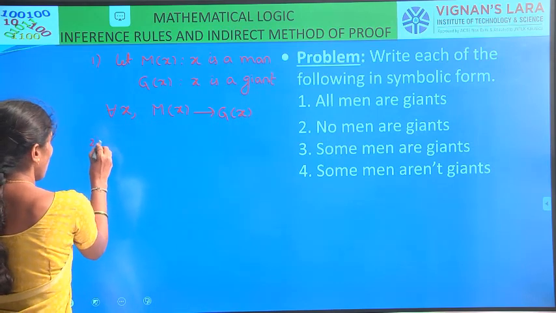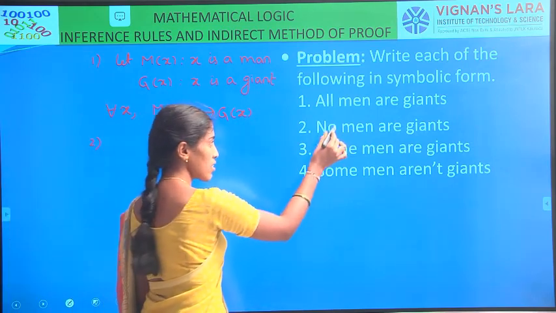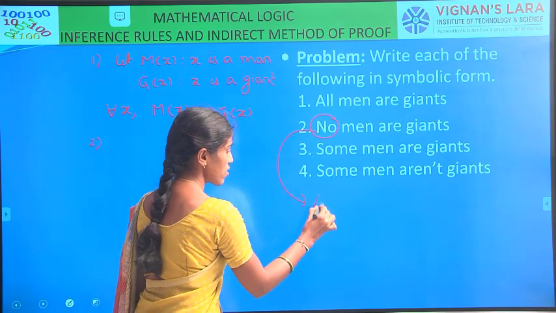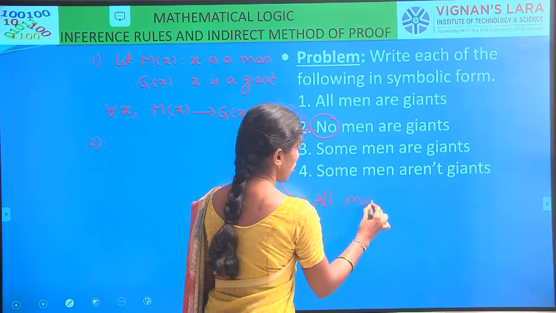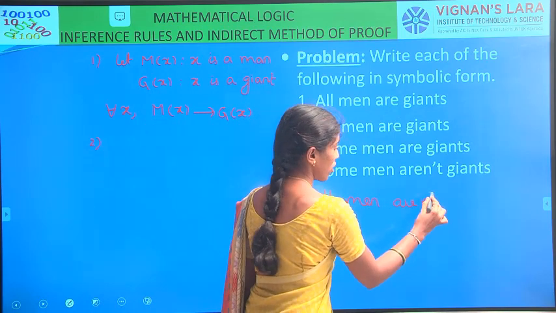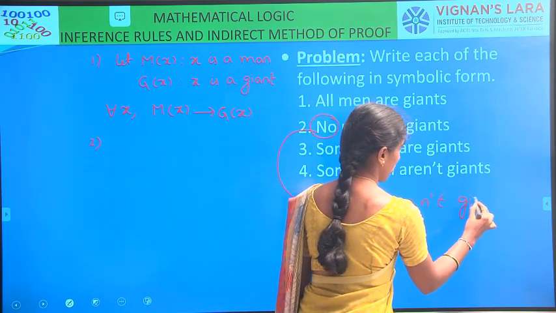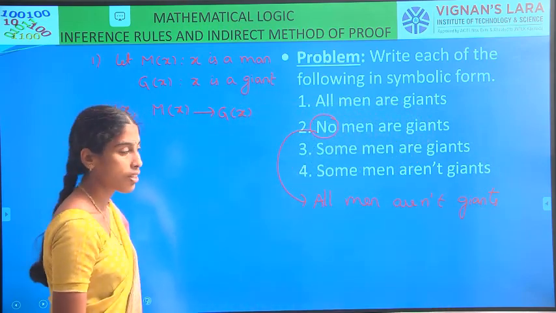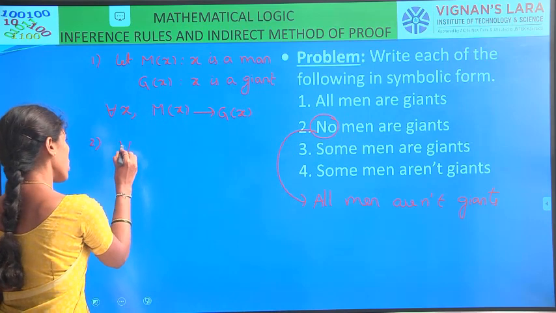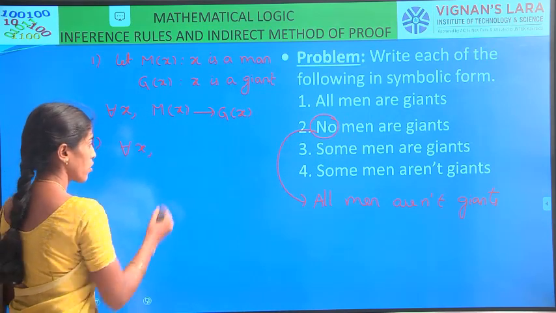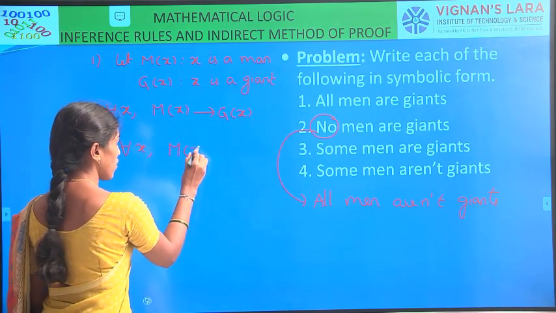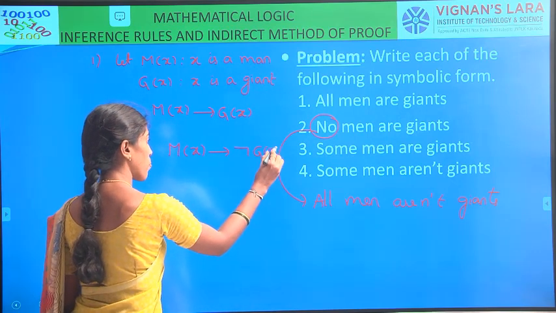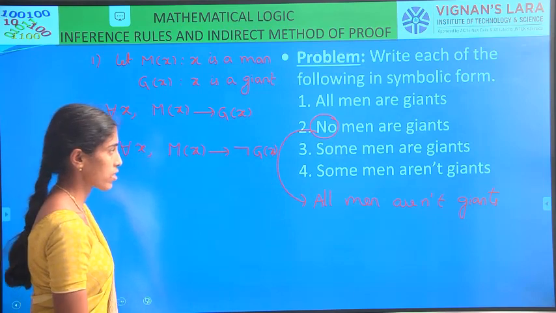Second one, no men are giants, means that all men are not giants. If we take any man, he is not a giant. So here also we use for every x, if x is a man, he is not a giant. Not a giant is represented by negation G of x.